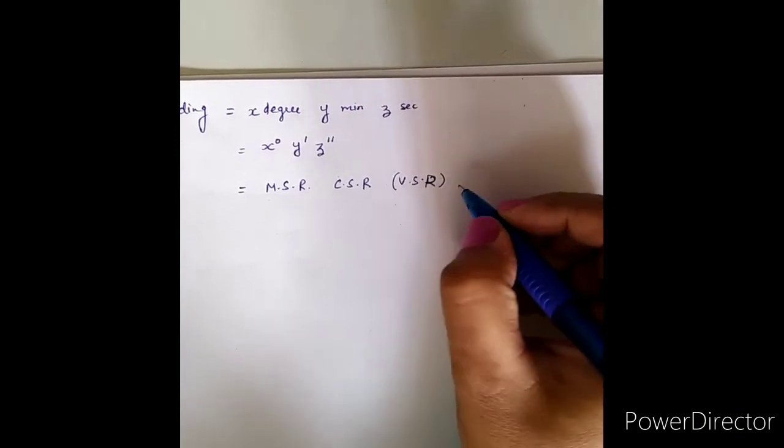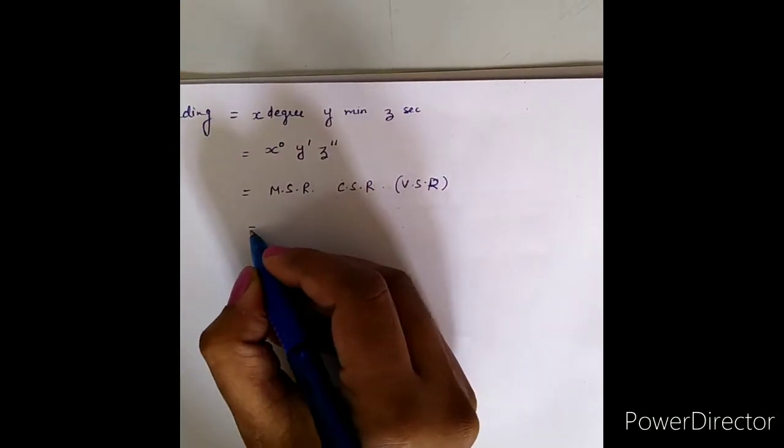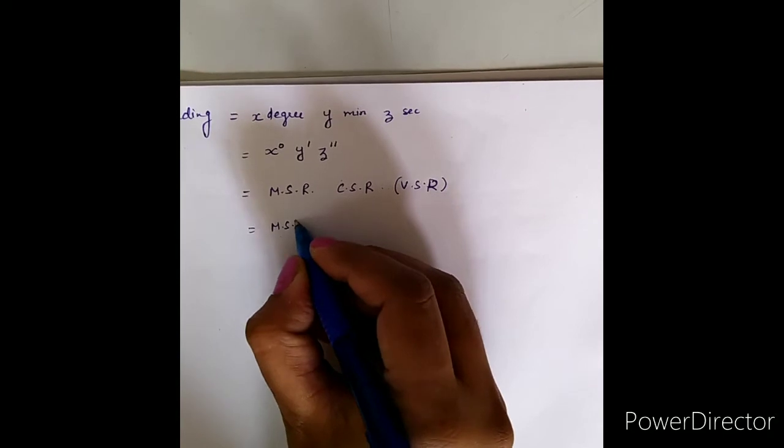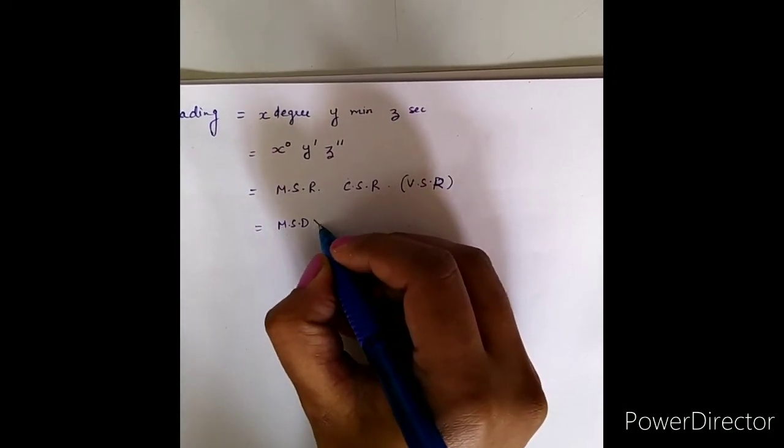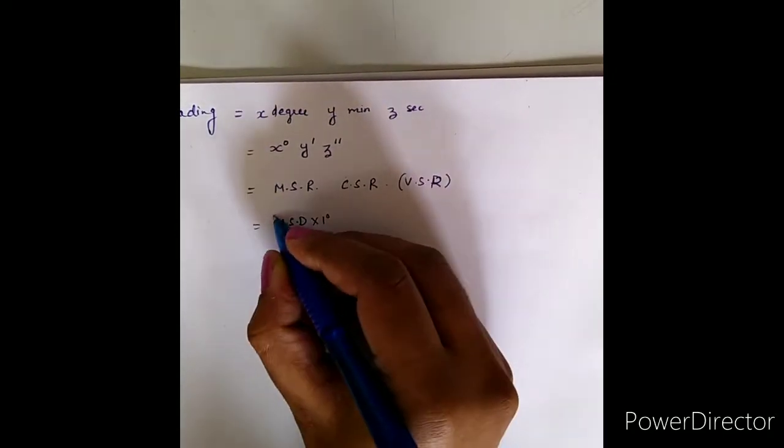The main scale least count is 1 degree, so it is multiplied by 1 degree.